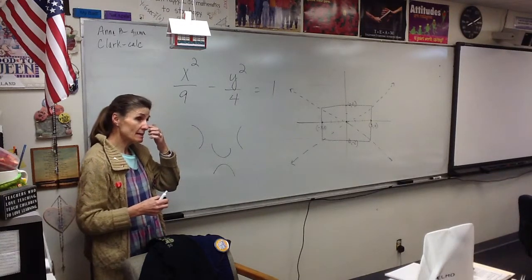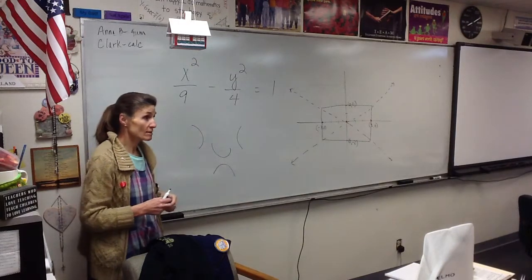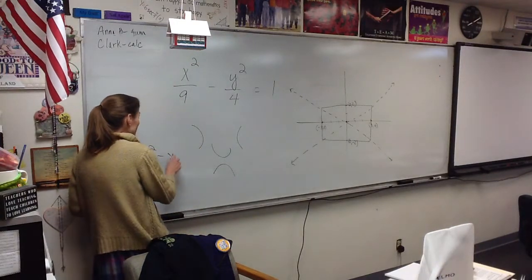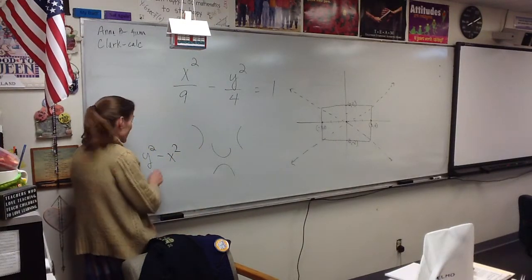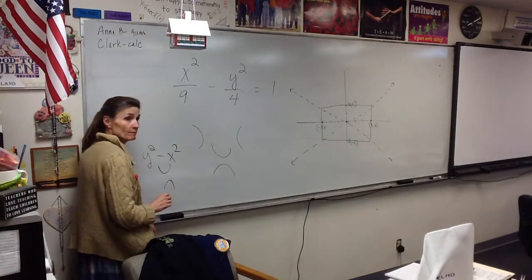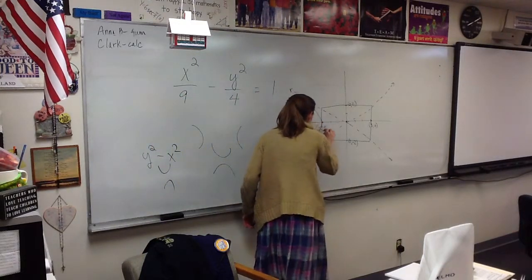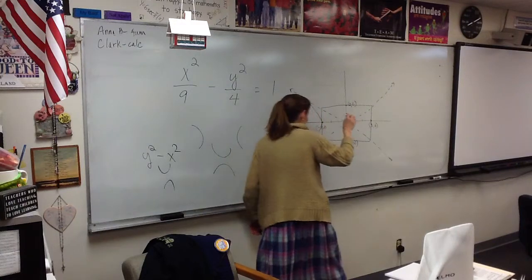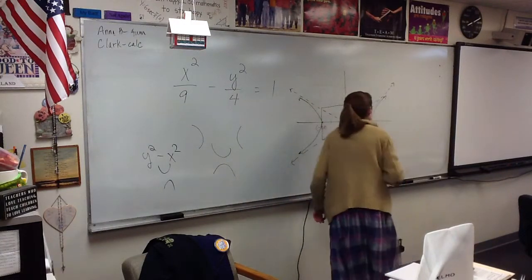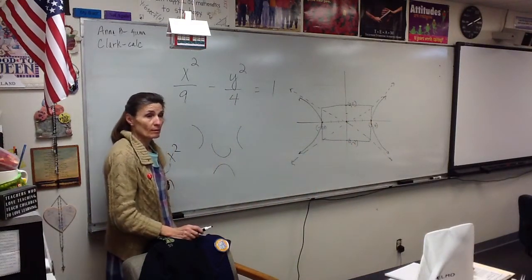It's not because x has a bigger denominator, it's because x comes first in the equation. If this had been y squared minus x squared, it wouldn't matter what the numbers were in the denominator. This one would open up and down. But because x comes first, we are sketching in this hyperbola. Okay?